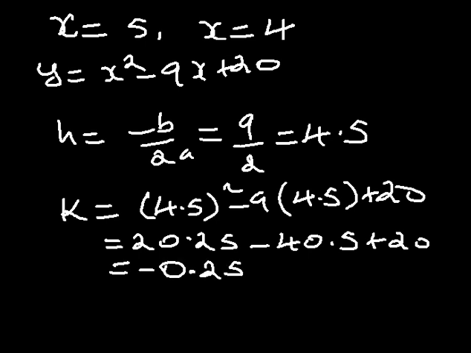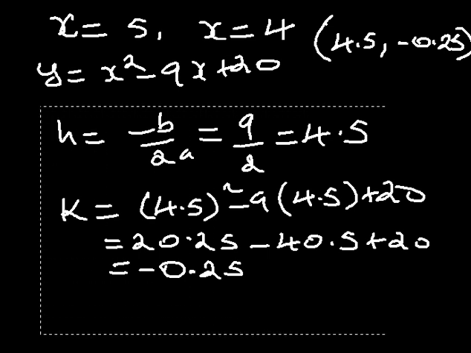That is the value of k. Now the vertex is made up of 4.5 and a comma negative 0.25. That is the vertex you should know.